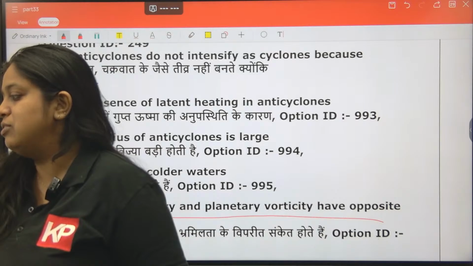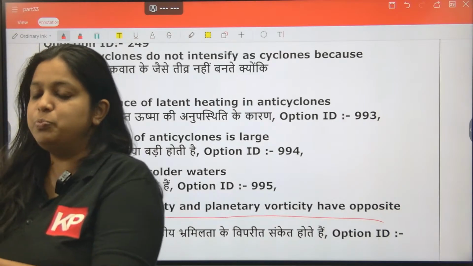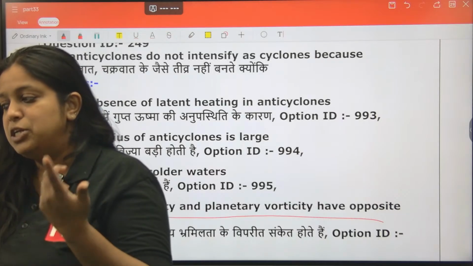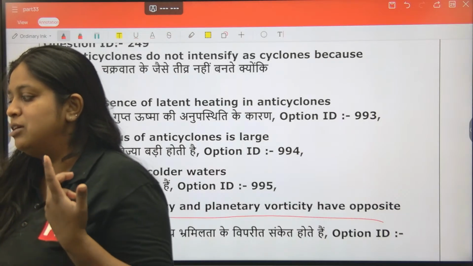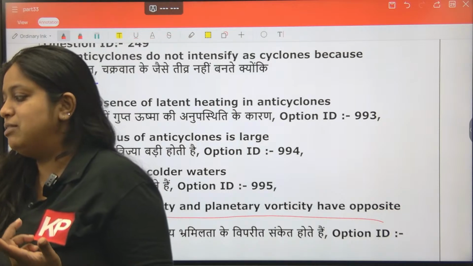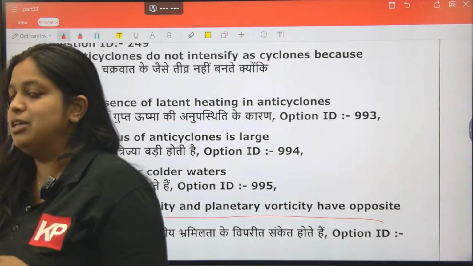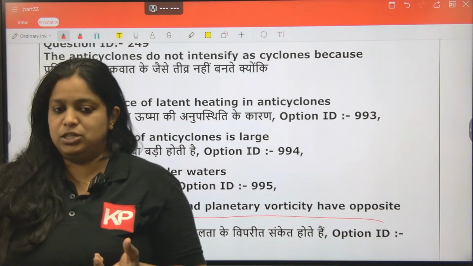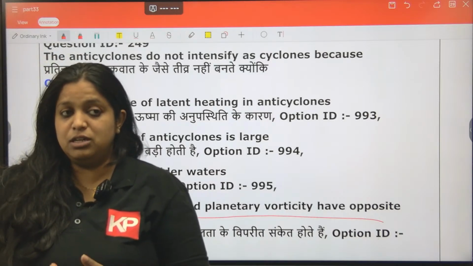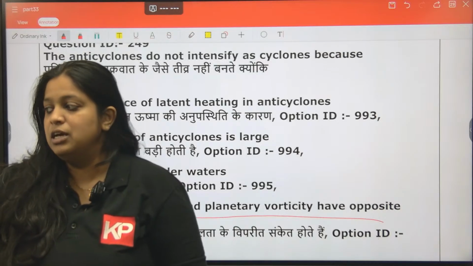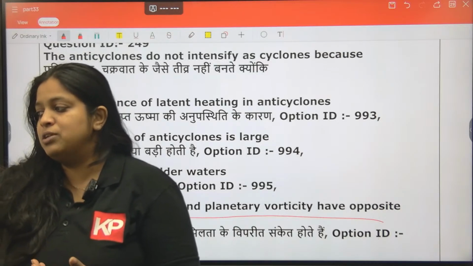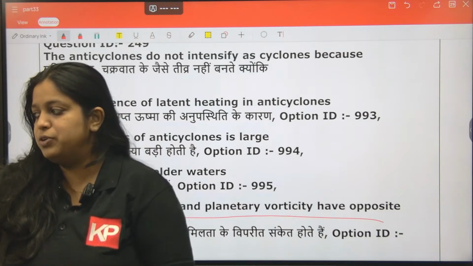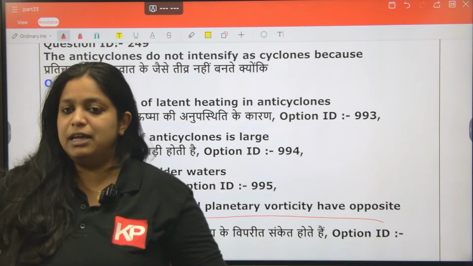Vorticity is the measure of spin of the air mass or fluid, whatever it is. Planetary vorticity means any fluid rotates on the earth because of the earth's rotation. It rotates with the earth's rotation. Relative vorticity means the rotation rate of ocean water or atmosphere which is different from the earth's rotation.